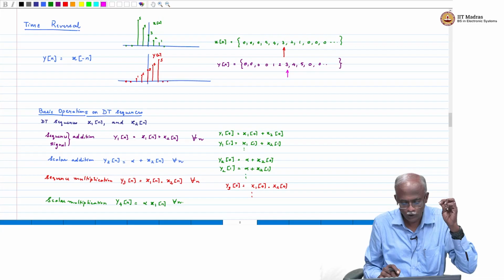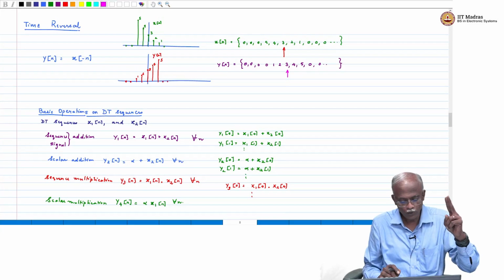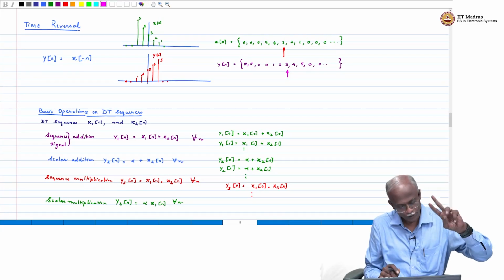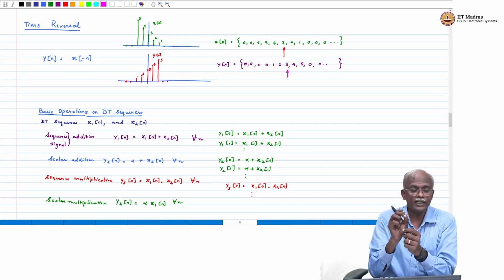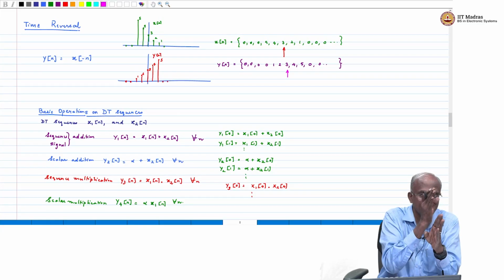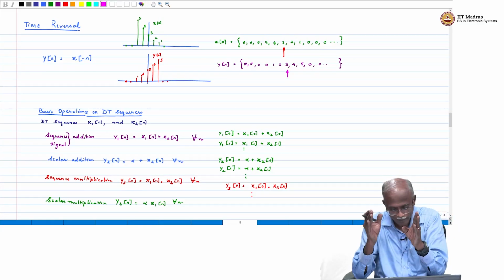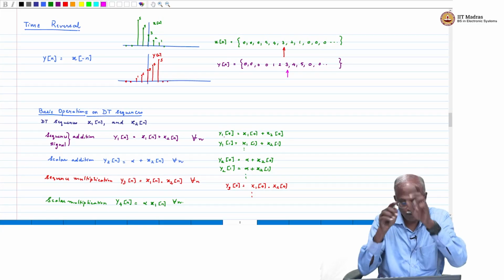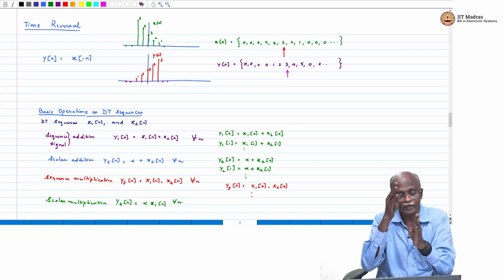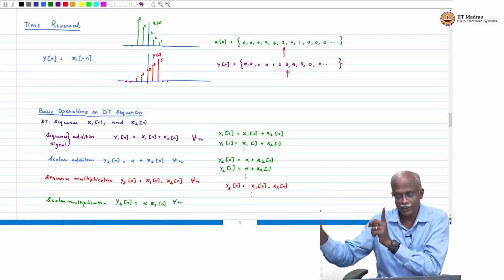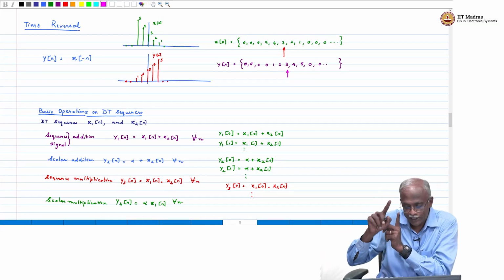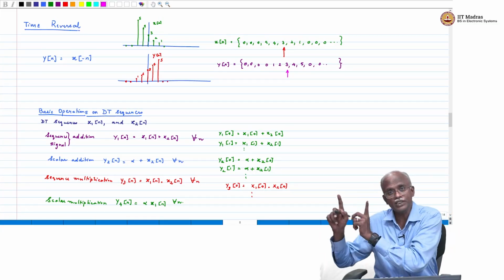Now, if you had 2 sequences, you can do addition of sequences, you can do multiplication of sequences. You have to keep in mind that for every time index, you must take the corresponding value from sequence 1 and the corresponding value from sequence 2. So for example, if I want the addition of 2 sequences, y1 of 1 will be x1 of 1 plus x2 of 1. Product would be x1 of 1 times x2 of 1.